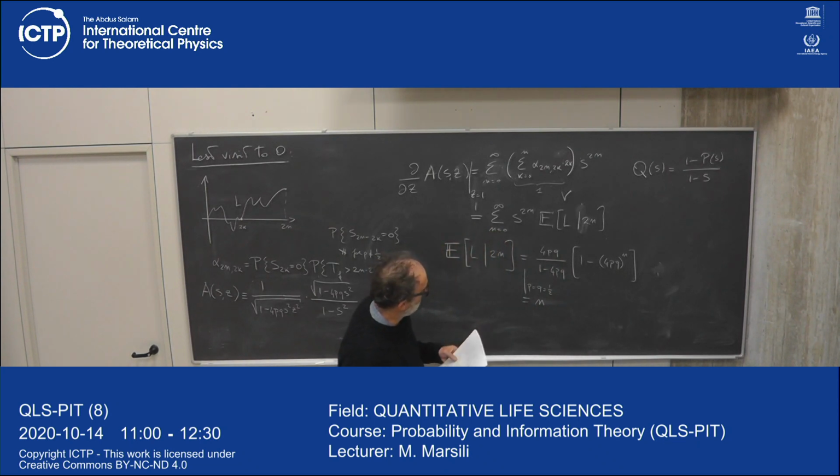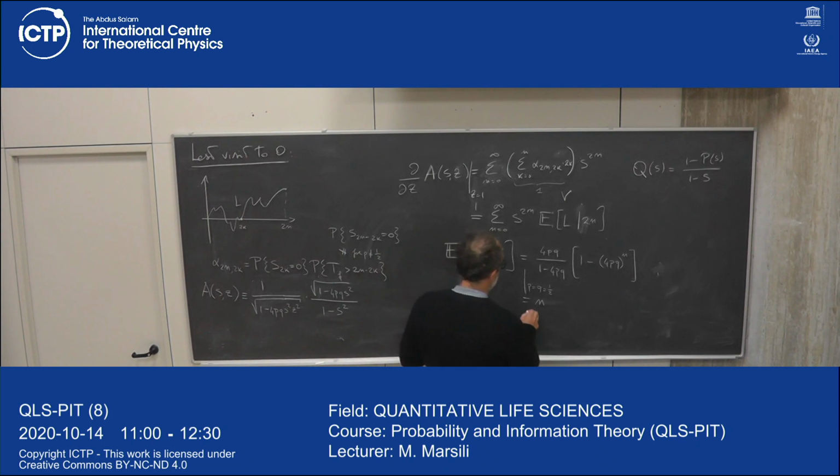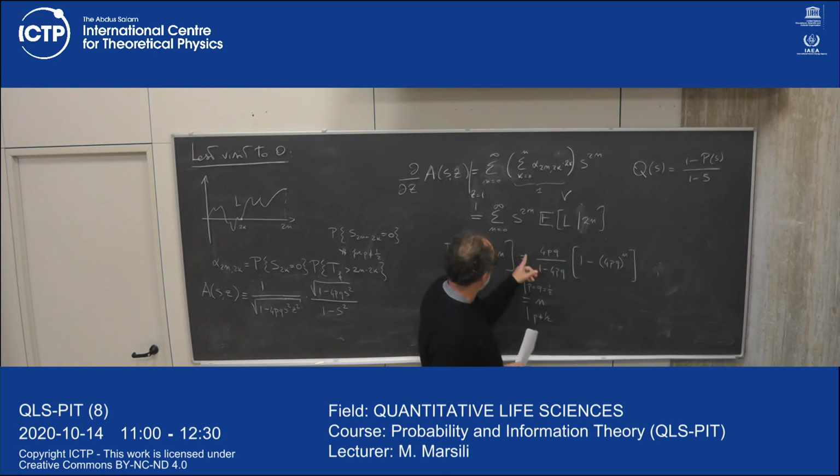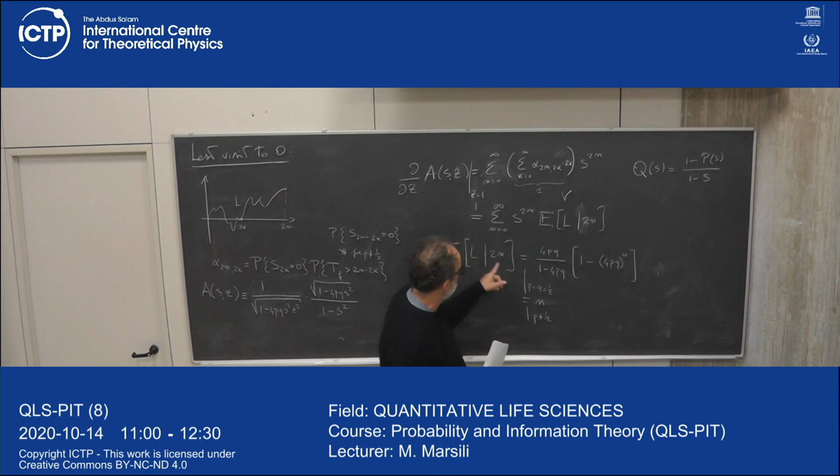But if p is different from 1/2, then this term here is less than 1. So for large n, this is exponentially small, and essentially the expected time of the last visit is finite.